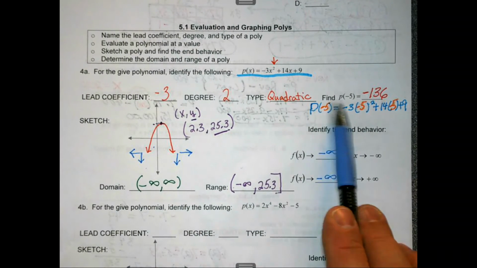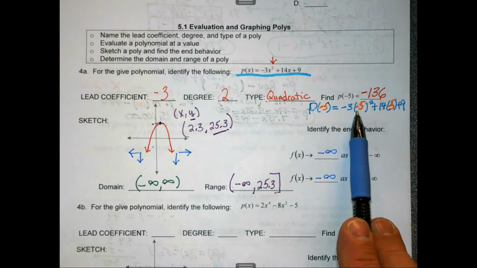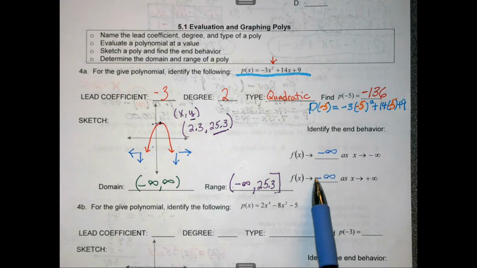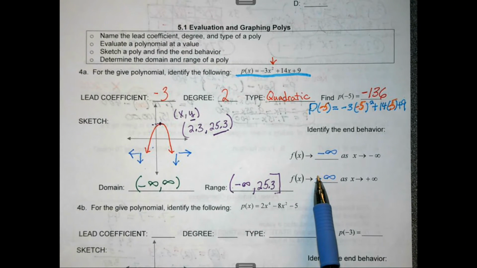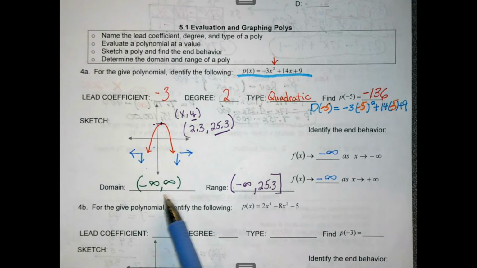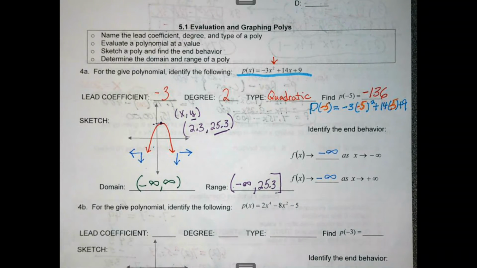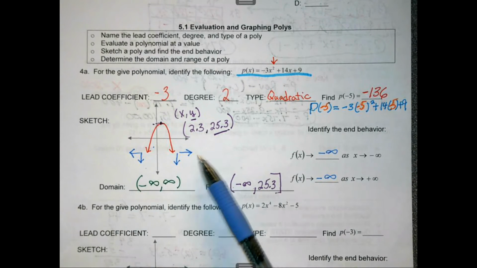Know the type and the terms and function notation. End behavior is really important. Domain and range is always important. So if you don't get a whole lot out of algebra, get this concept now and get factoring down because you're going to need it in life.